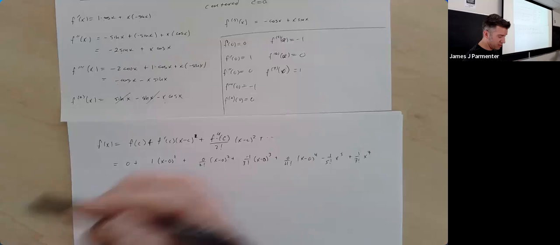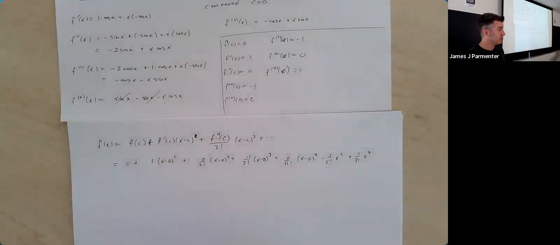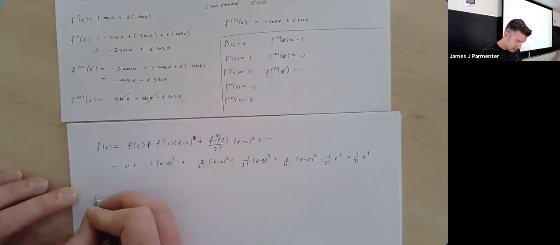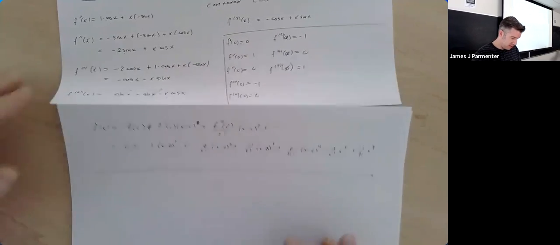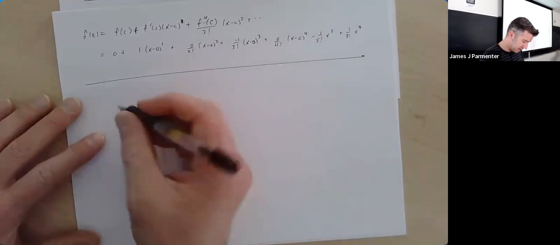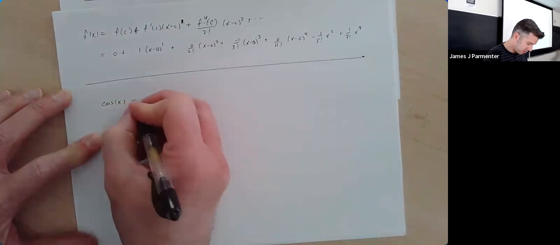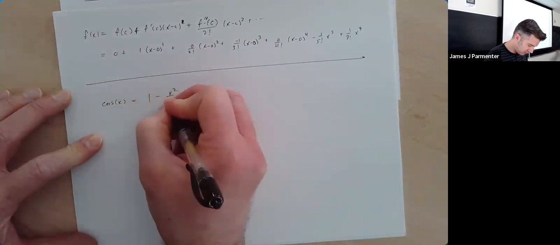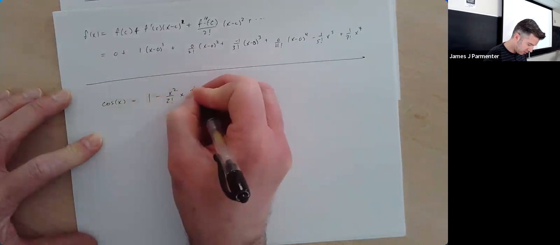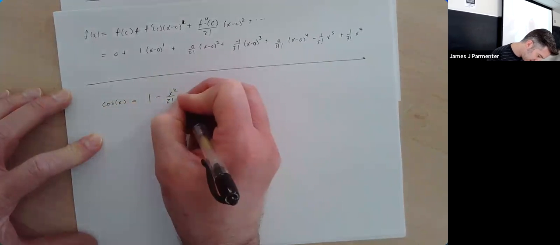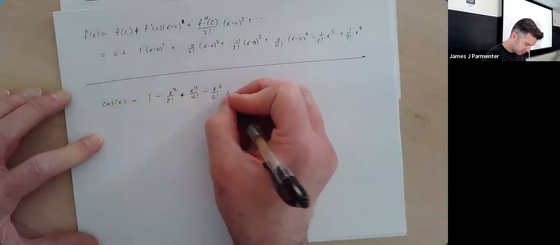And so doing it this way is probably not the intention of the problem, because what you can actually do is say, we know that the Taylor formula for cosine x is every even power. It's going to be 1 minus x squared over 2 factorial plus x to the fourth over 4 factorial minus x to the sixth over 6 factorial, and so on.